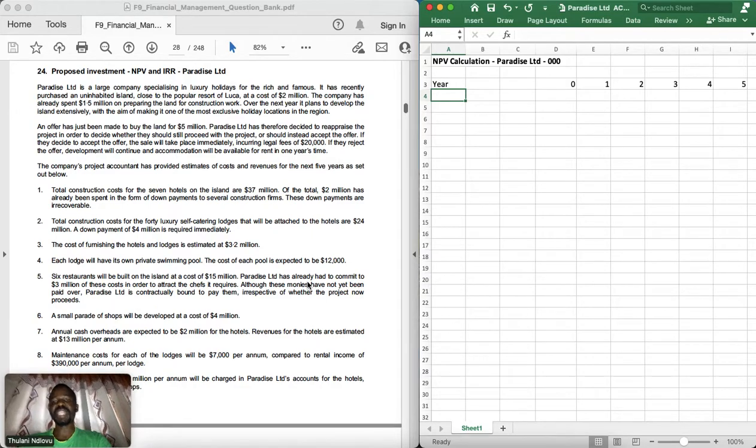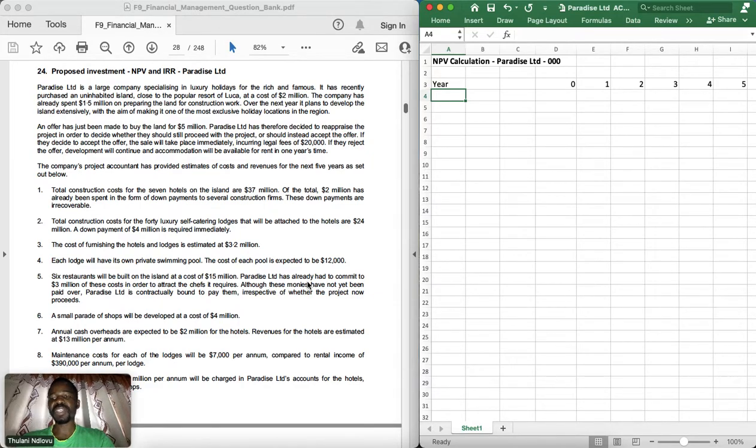Immediately means in year 0, incurring legal fees of $20,000. So what does this mean? It means when we are selling the land for 5 million, we will incur the legal cost of 20,000, which means we will not receive the full 5 million. We will receive 5 million net of 20,000 legal fees.